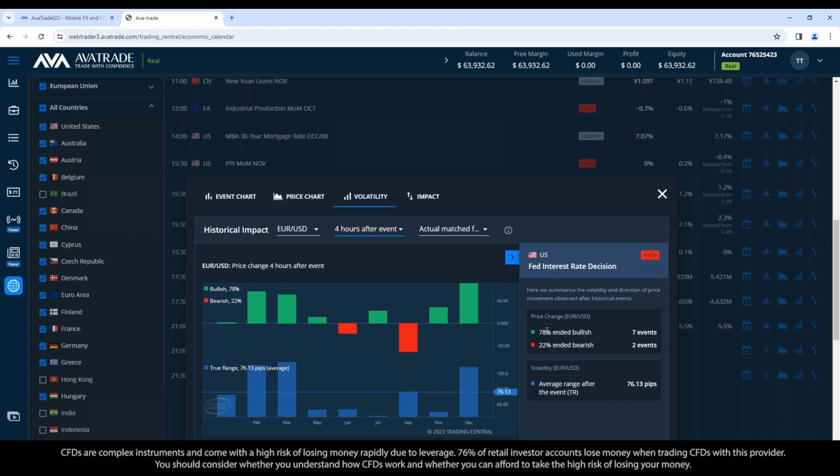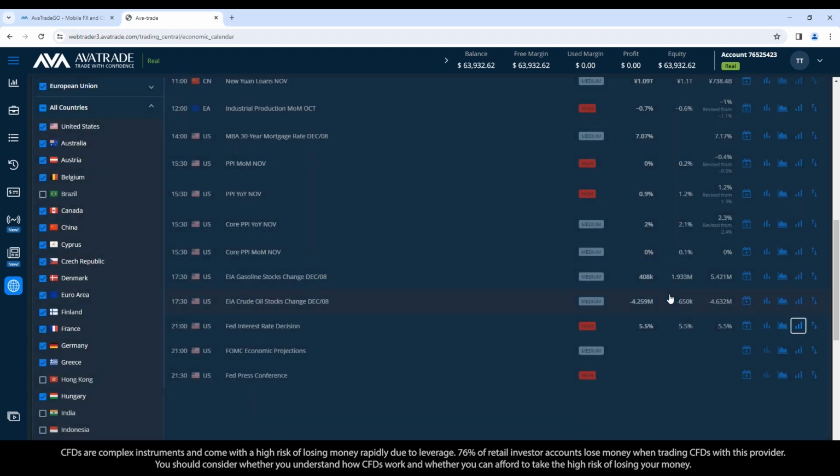You're not going to win every time, right? 2 of these dropped, but you can manage that risk with a proper stop loss distance and go after quite a potential profit, okay? So that was yesterday's rate decision out of the US, came to fruition as would have been expected based on the past data, okay?